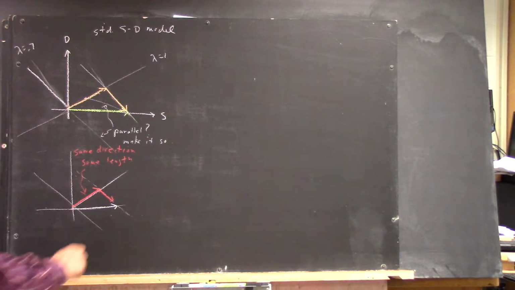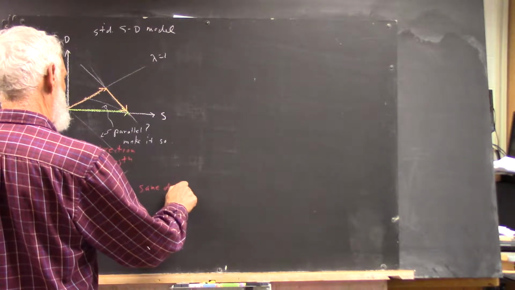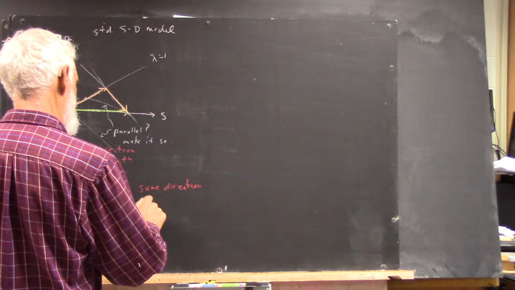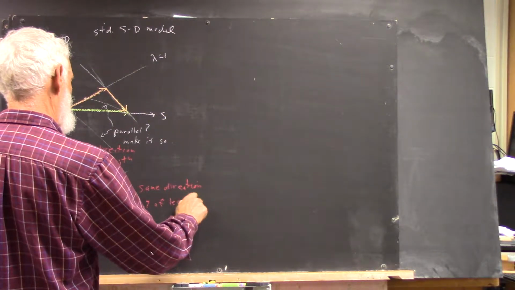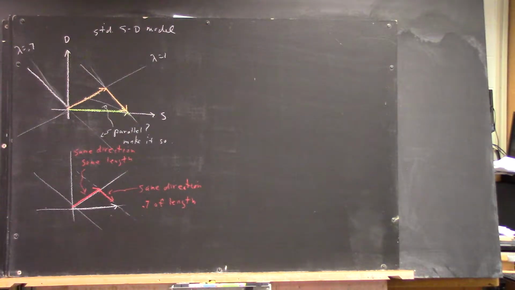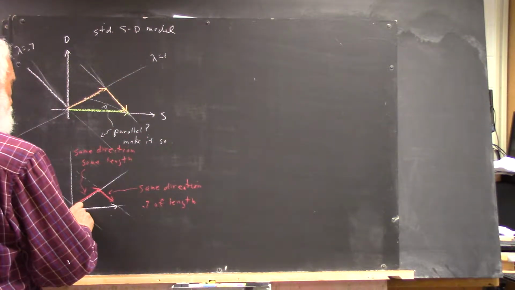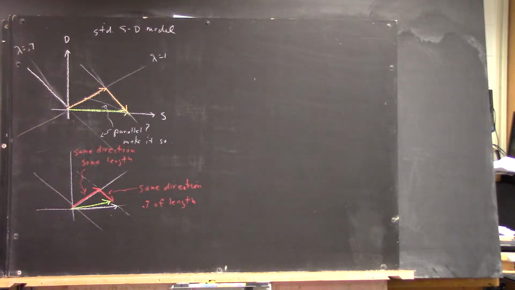This one, same direction, .7 times the length. Okay? Meaning that this vector here gets transformed to this vector.